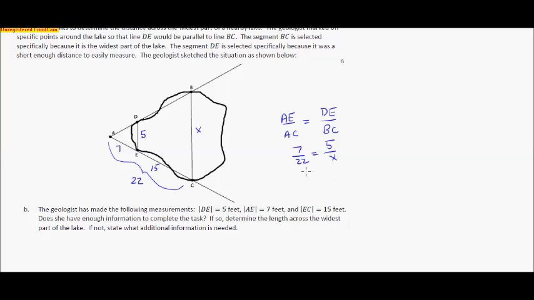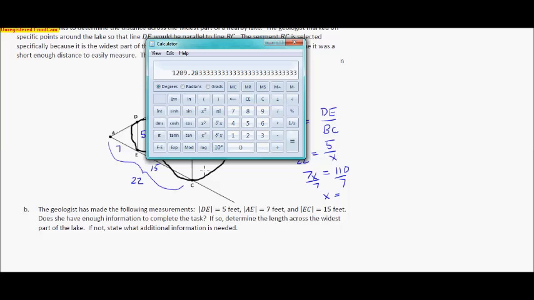And you know how to solve a proportion. You cross multiply. 7 times x is 7x. 22 times 5 is 110. If I divide both sides by 7, that means x is something. I've got to grab my calculator and figure that out. So that's 110, oops, not 1,110, just 110 divided by 7.